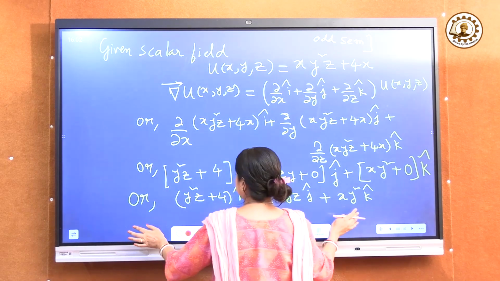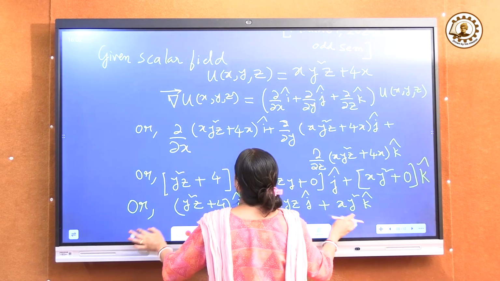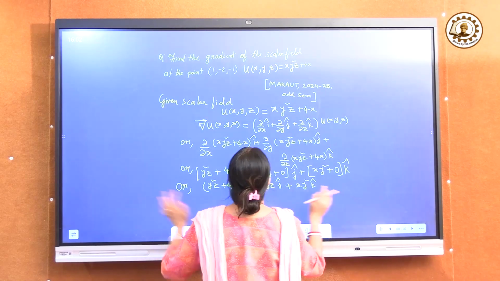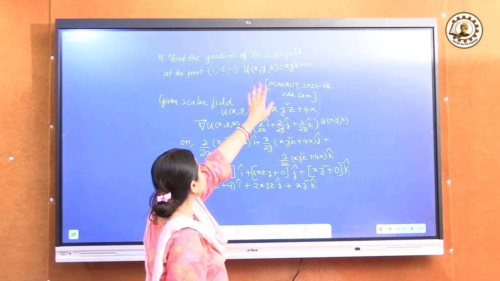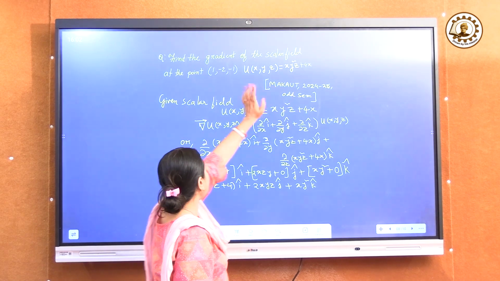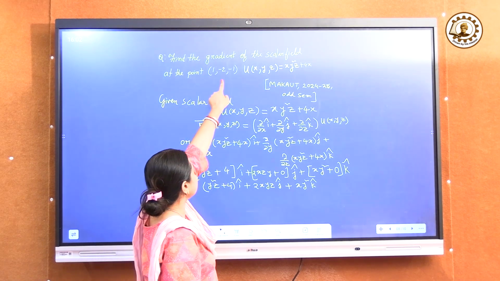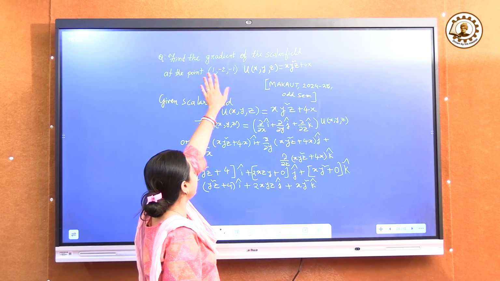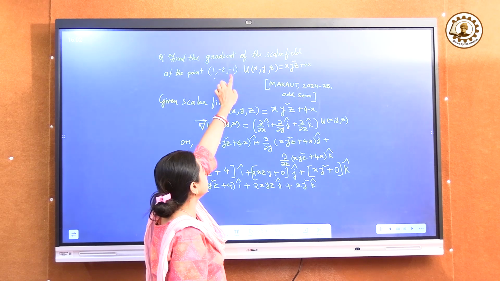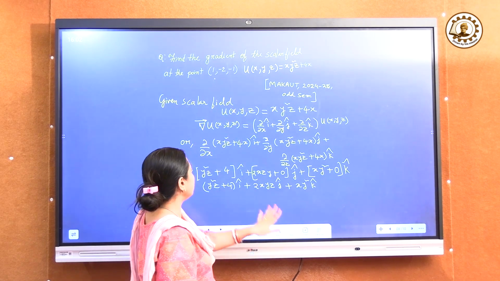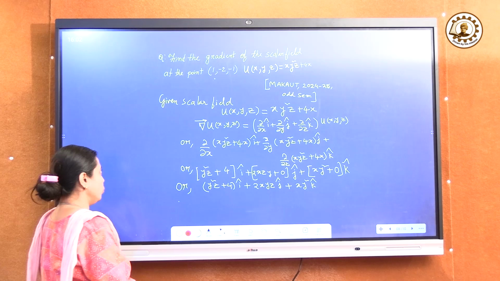Now, what is the question saying? The question said I have to take the gradient of the scalar field U(x, y, z) at the point (1, -2, -1), meaning the value of x, y, z when x equals 1, y equals -2, z equals -1. What will be the value of the gradient of U?